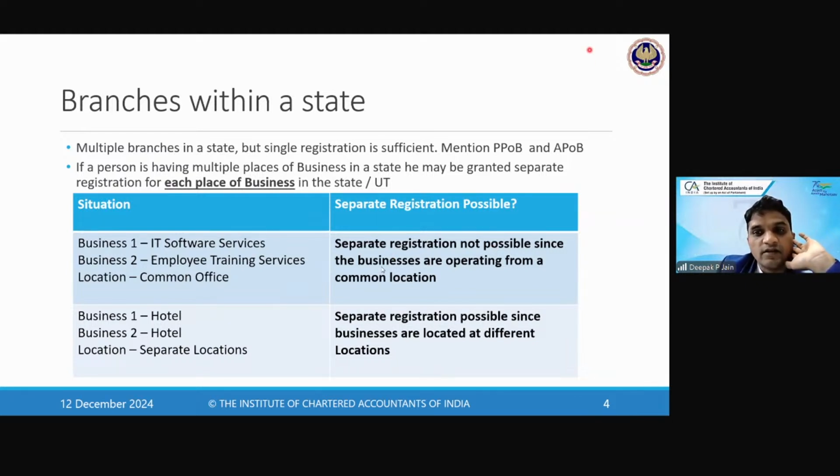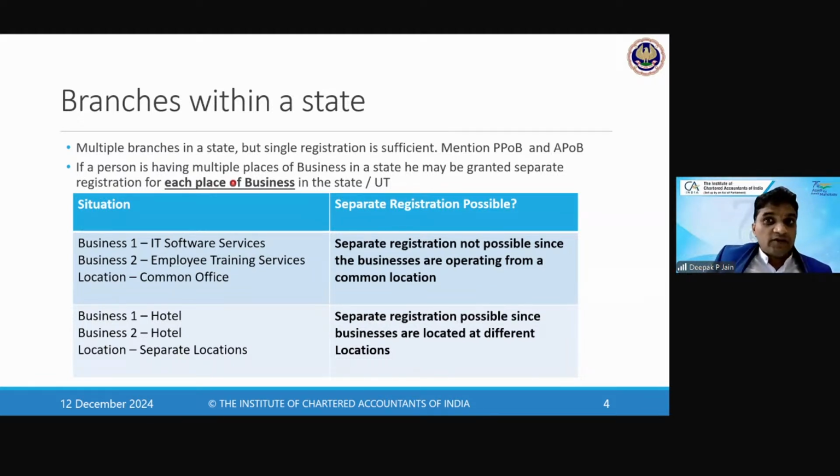Separate registration is not possible since the businesses are operating from a common office, because the location here is a common office. And what does the provision say? If a person is having multiple places of business in a state, he may be granted registration for each place of business. But in one place of business, if you're doing two businesses, then separate registration will not be possible.